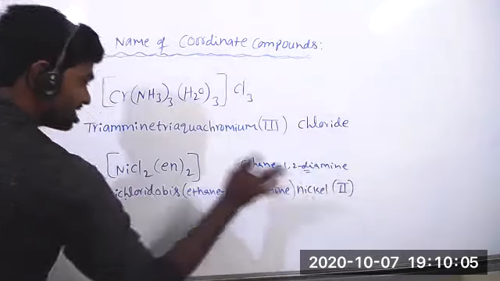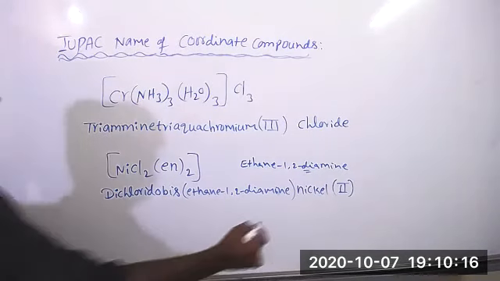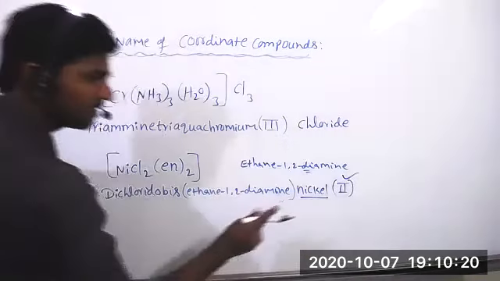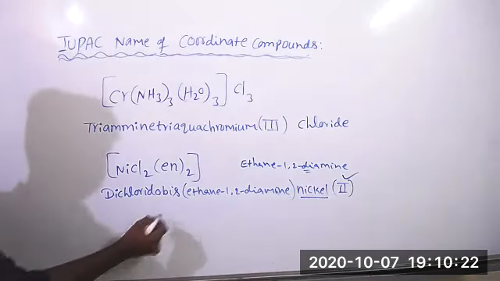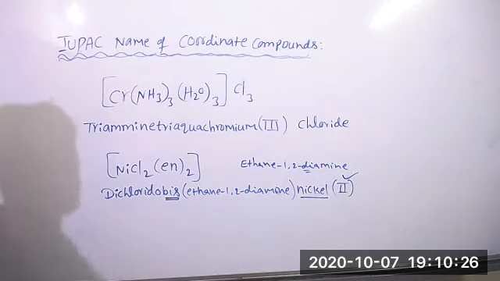The oxidation state is checked first, then nickel or nickelate is the second point. And when this kind of complex is there, are you writing di or bis? This is what is checked.